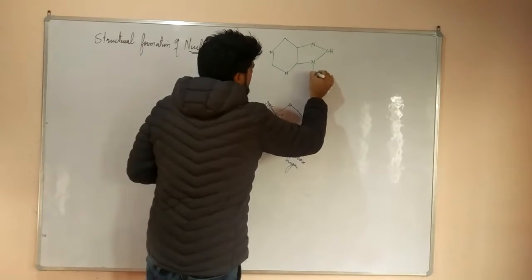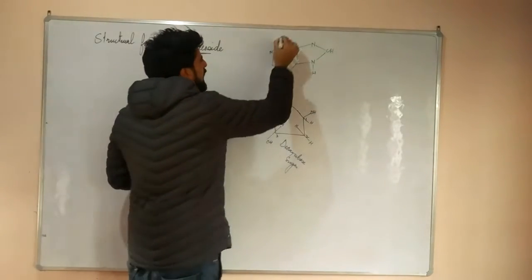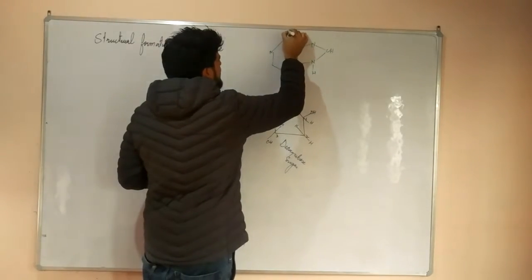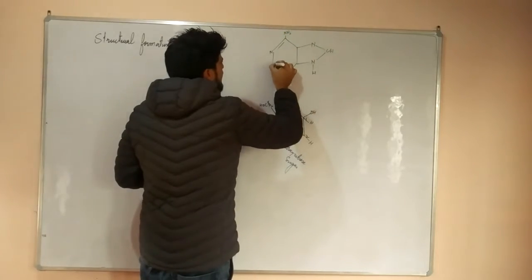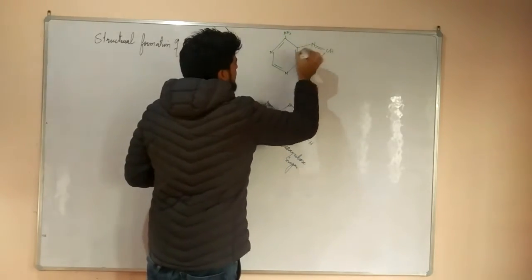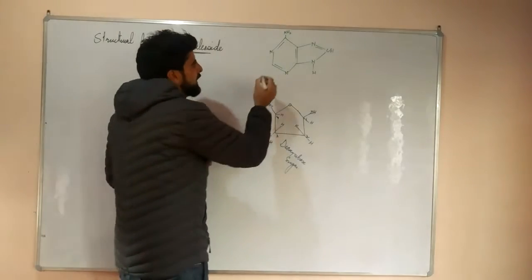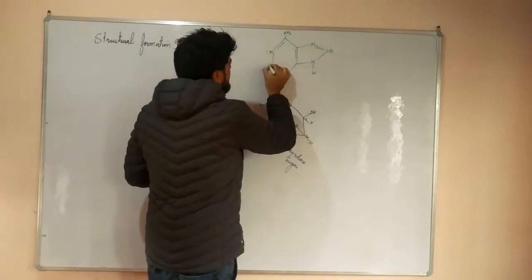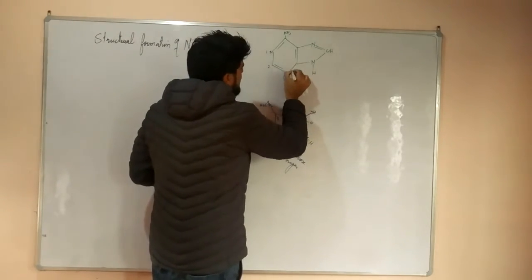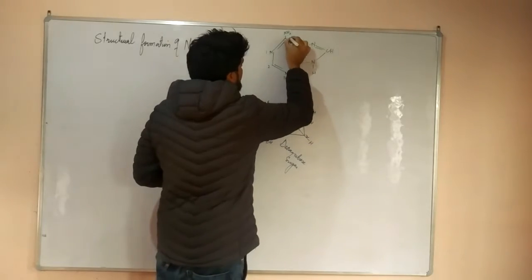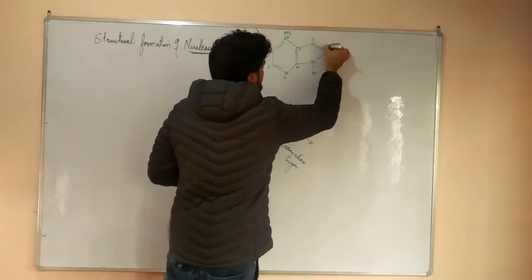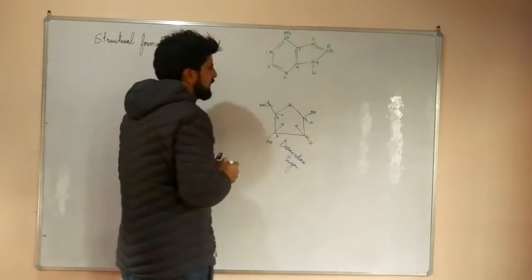And this is the hydrogen present here, and we have the NH2 group here, and we also have double bonds in this structure. And here we have carbon number 1, 2, 3, 4, 5, 6, 7, 8, and 9.